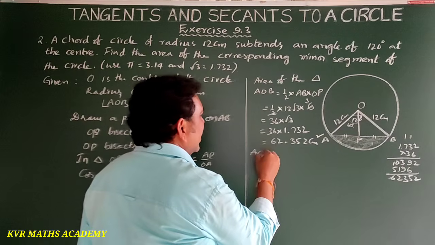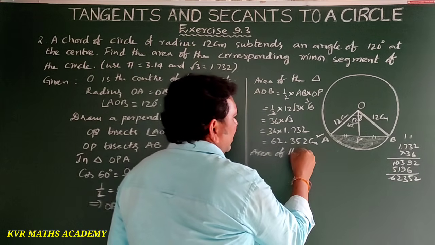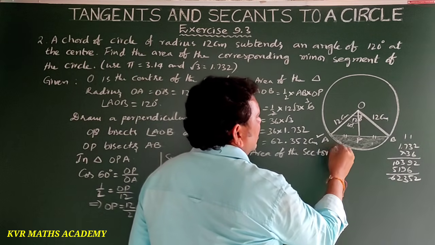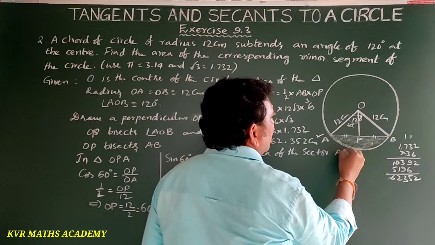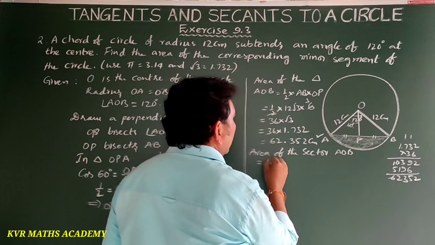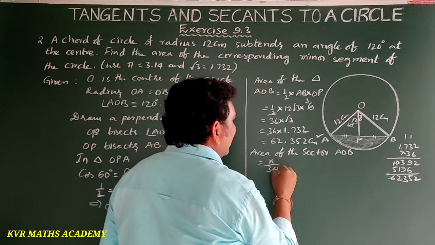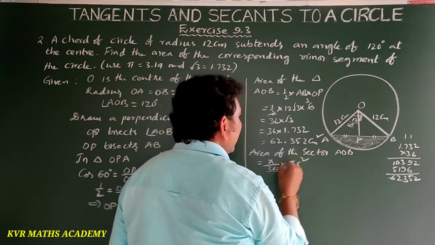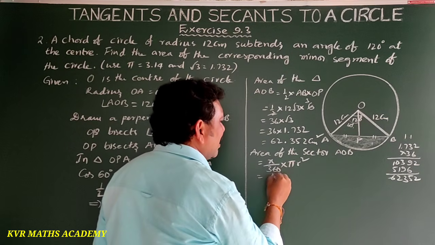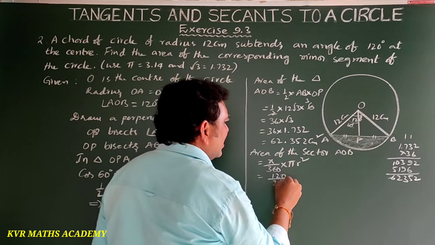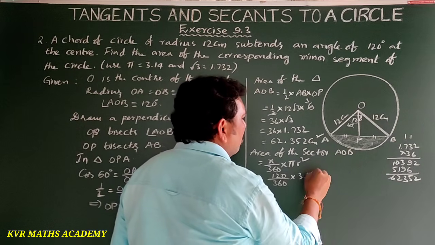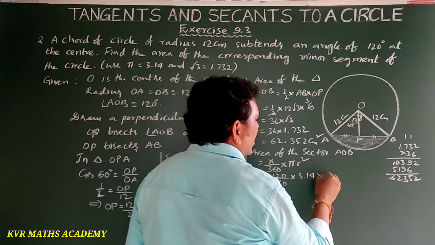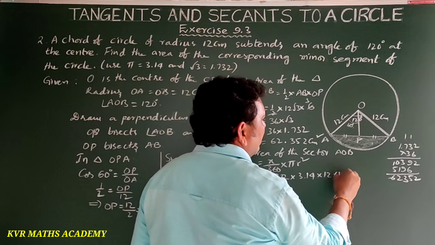Next, area of the sector AOB. This is also equal to x by 360 into pi r square. So x by 360, x means 120 by 360 into 3.14 into radius 12 into 12.